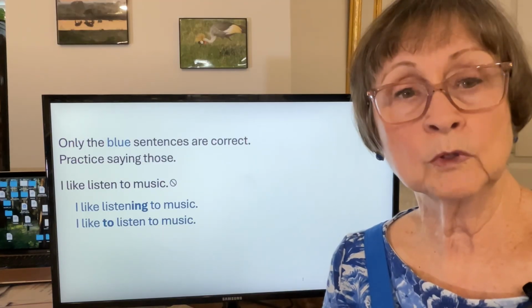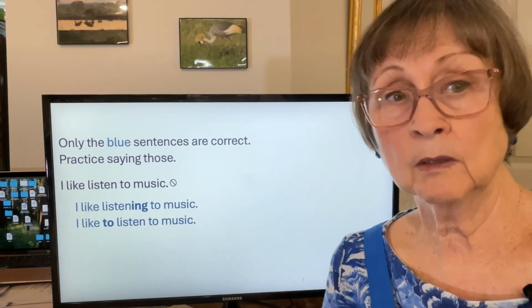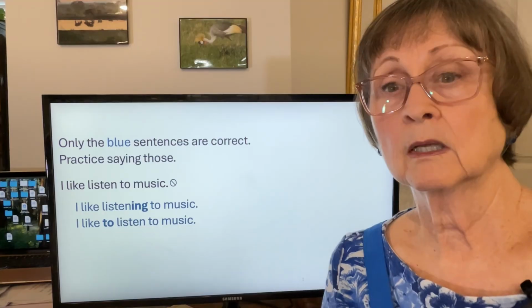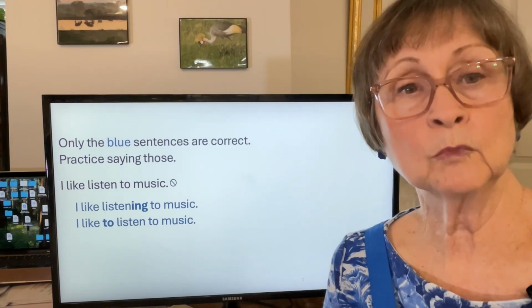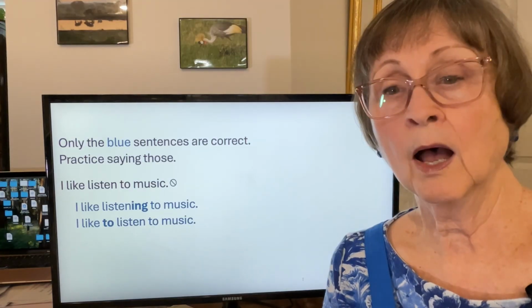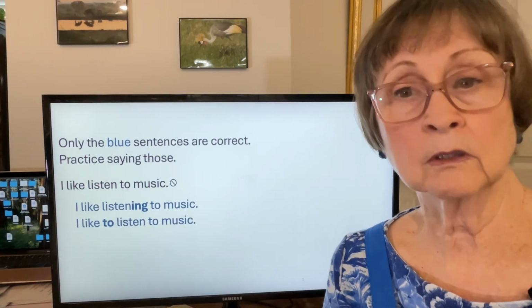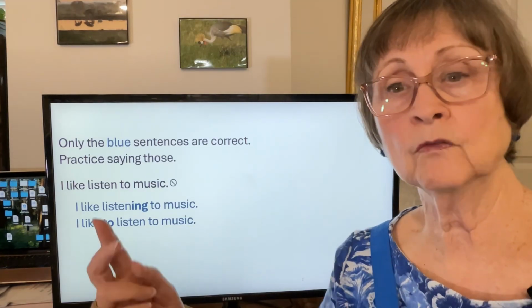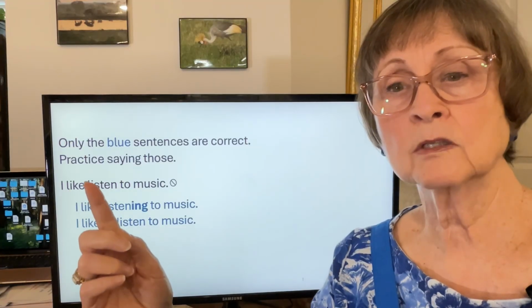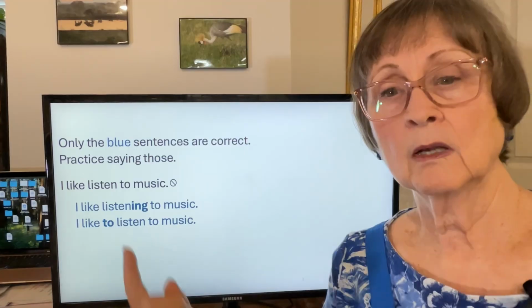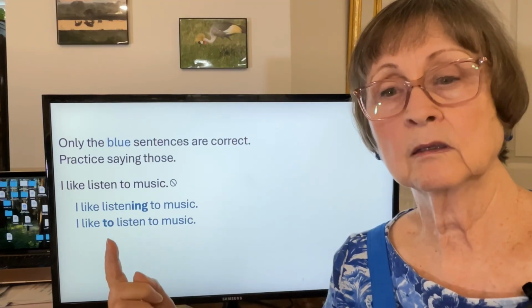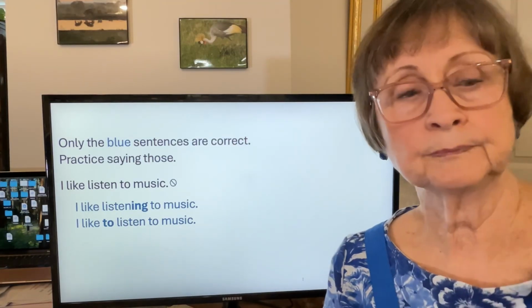I listen to music. Do you say that sometimes? That's not correct. I like what? Listening to music. Or I like to listen to music. The second verb of the two has to be something else besides the main verb. Listening or to listen.